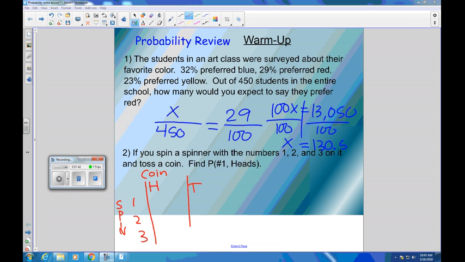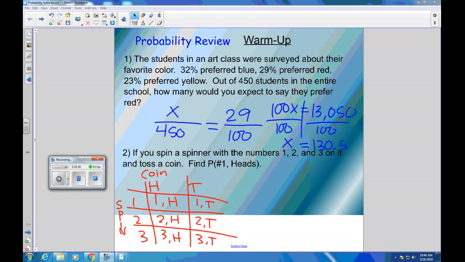So I'm going to create a sample space here and write out all my options. So I could get a 1 and a heads, a 1 and a tails, 2 and a heads, 2 and a tails, 3 and a heads, 3 and a tails. So it says find the probability of getting a number 1 and heads. So there's 1 option out of 6. So the probability of that is 1/6.